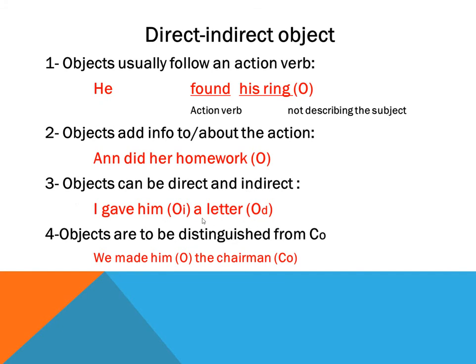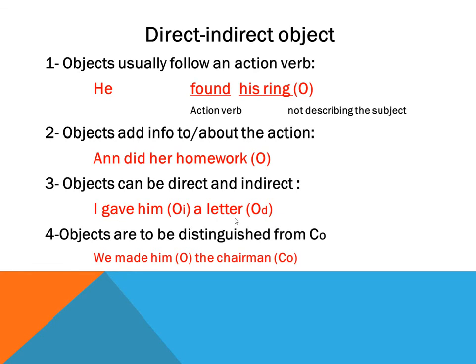Simply, the direct object is the one that is directly affected by the action of the verb. So what did he give? We can say he gave a letter. So the letter is directly affected by the action of giving, while him is an indirect object. Sometimes they say that the indirect object precedes the direct object.